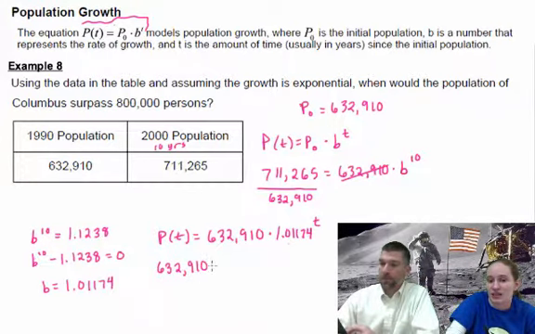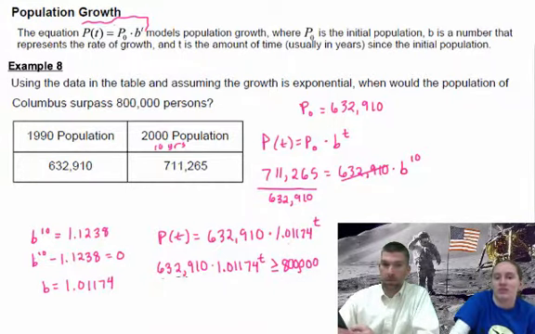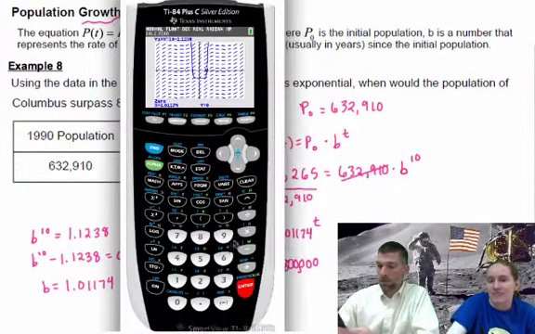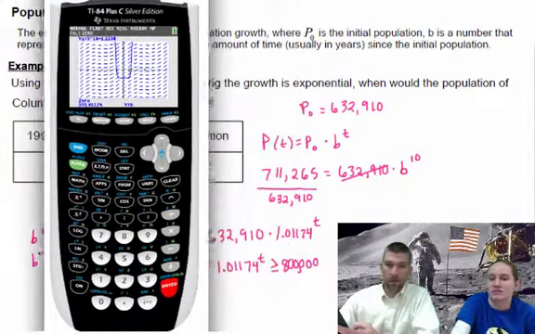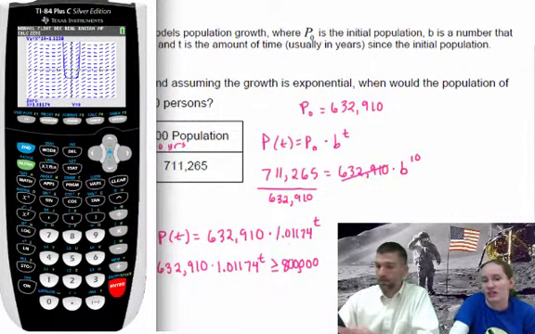We're trying to say that this number has to be greater than or equal to 800,000. So we can do the left side minus that side and find a nice x-intercept.